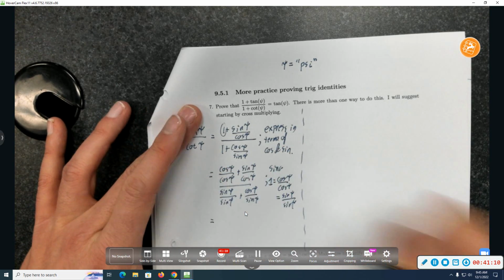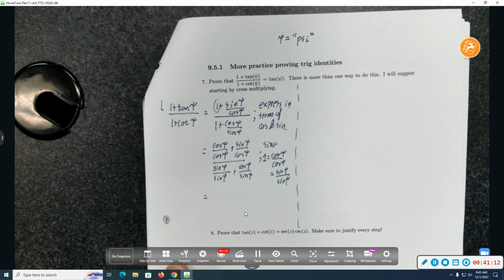You can always replace 1 with a thing that 1 is equal to. All right, what next? You got common denominator, so fractions can be added.